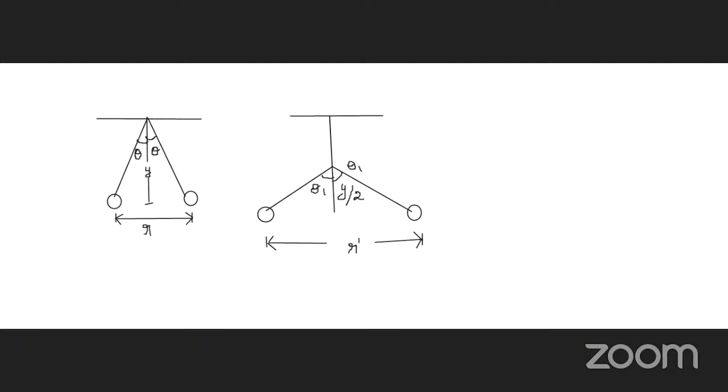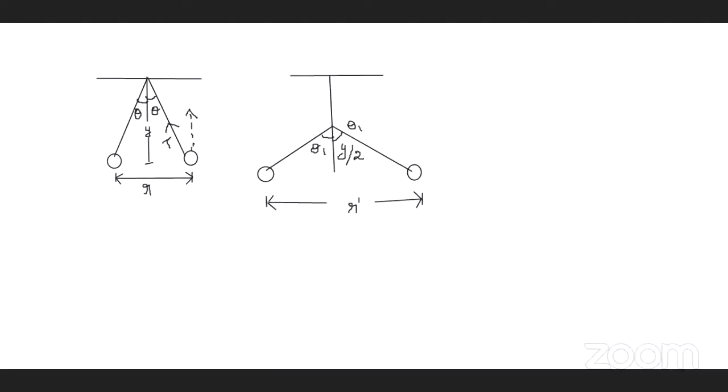Here you will be having the tension. When you resolve this tension, you will have a component here. This is also theta, so this will be T cos theta, and it is balanced by the weight of this ball, mg.